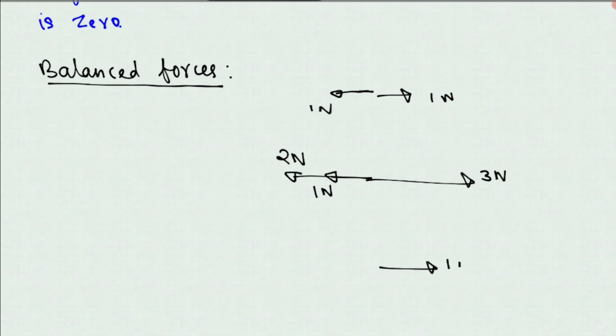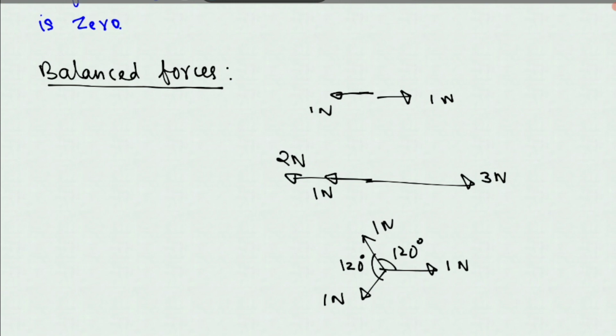For example, 1 Newton, another 1 Newton acting at 120 degrees, and a third 1 Newton acting again at 120 degrees with the previous 1 Newton. So the resultant of these three forces is also zero. So these three forces are also called balanced forces. Let's do some questions based on the NEET exam and based on balanced forces. That is known as equilibrium of forces.